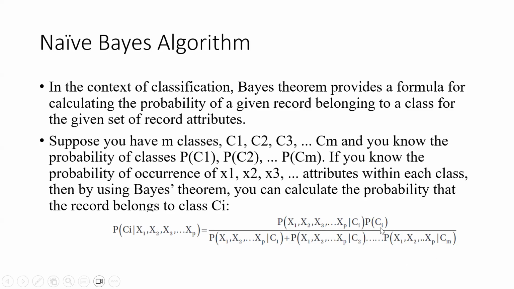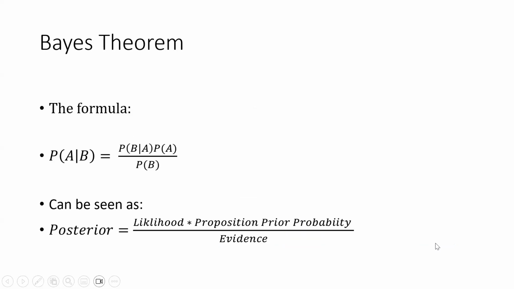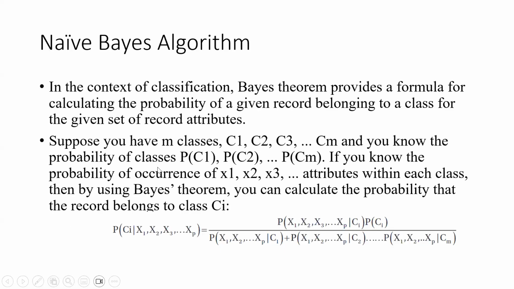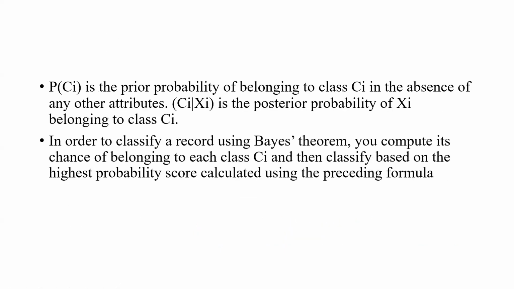Basically, everything that we've done here is what is replicated here, but in this scenario we're looking at various classes: C1, C2, C3. Here the mathematical formula was just looking at one case. So C1 is a prior probability of belonging to the class C1, in the absence of any other probabilities.